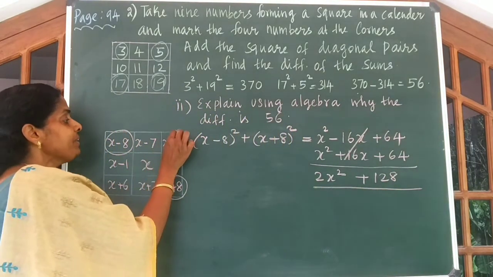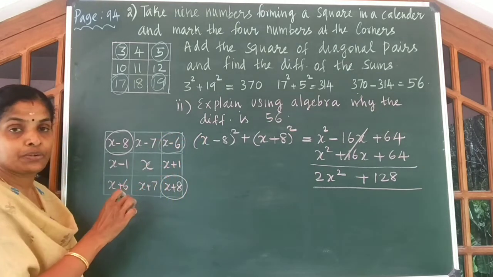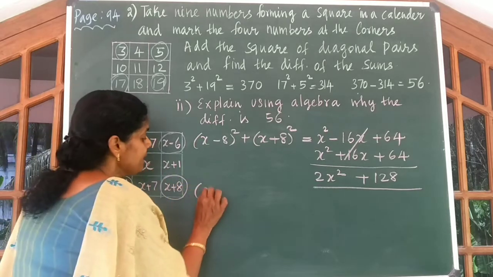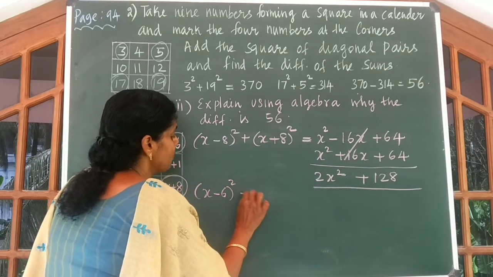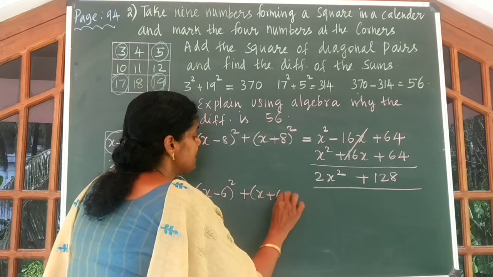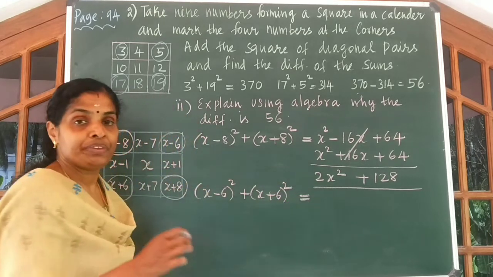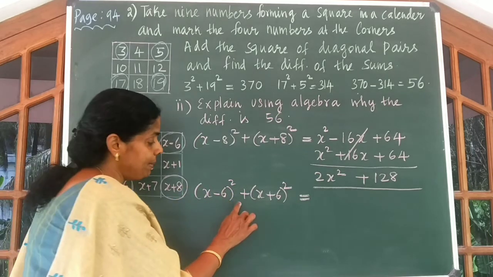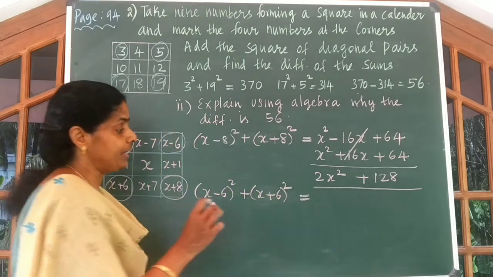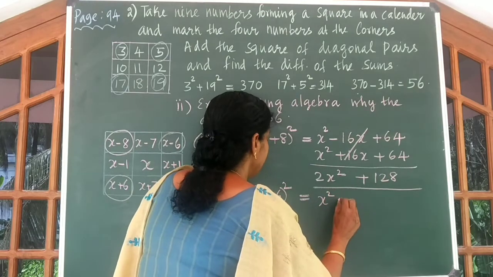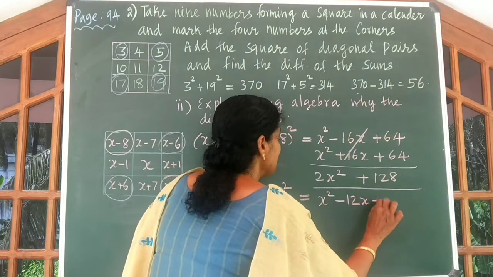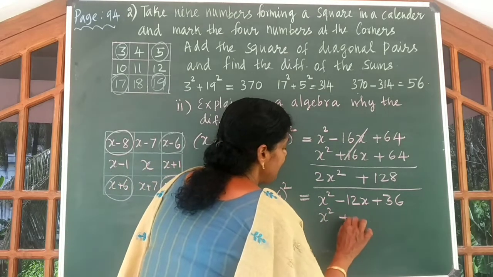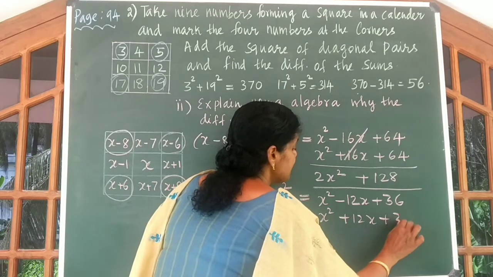Now take x minus 6 the whole square and x plus 6 the whole square. x minus 6 the whole square plus x plus 6 the whole square. This is of the form a minus b the whole square plus a plus b the whole square. You get x square minus 12x plus 36, and here you get x square plus 12x plus 36.